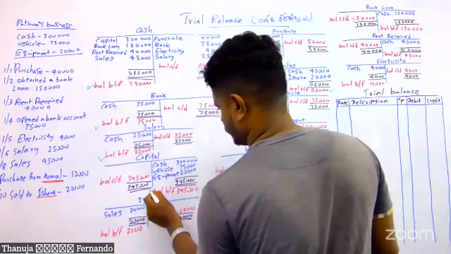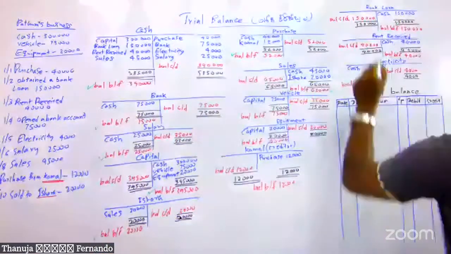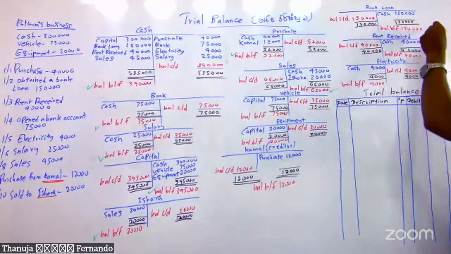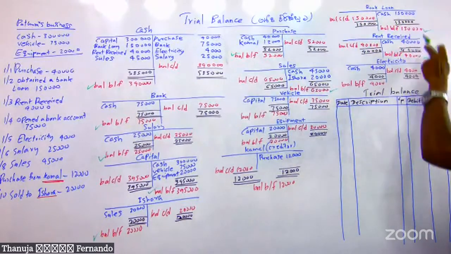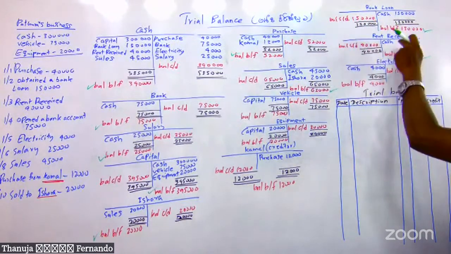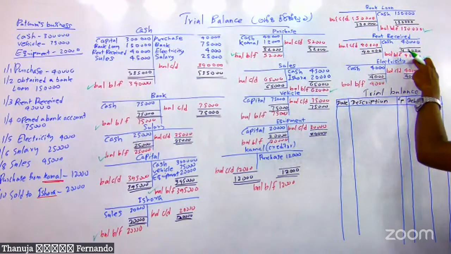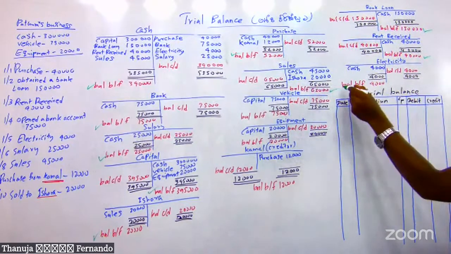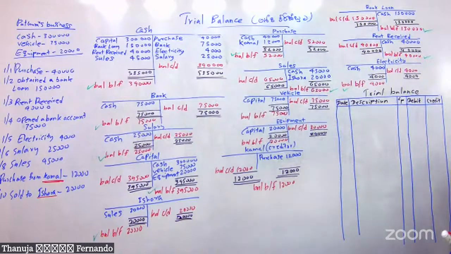And we use the same side to record this balance, right? So as an example, this rent received balance is in the credit side, so we record it in the credit side. And this electricity balance is in debit side, so we record it in the debit side like this.